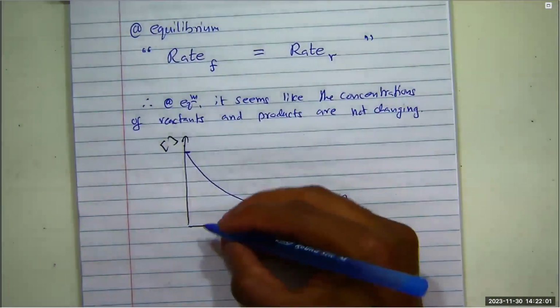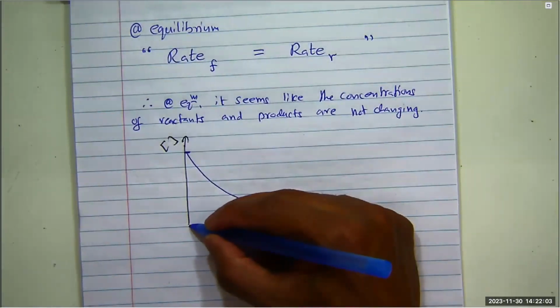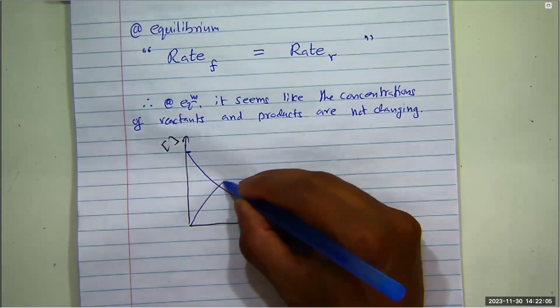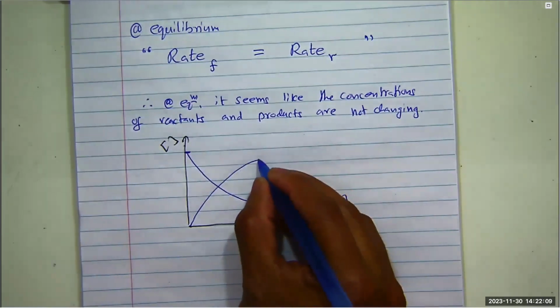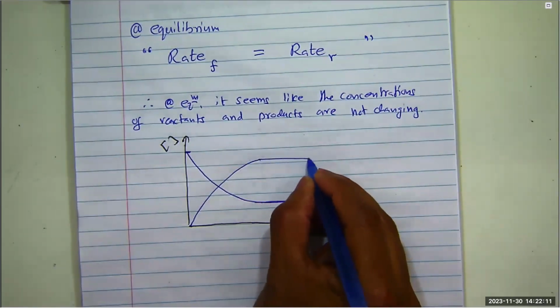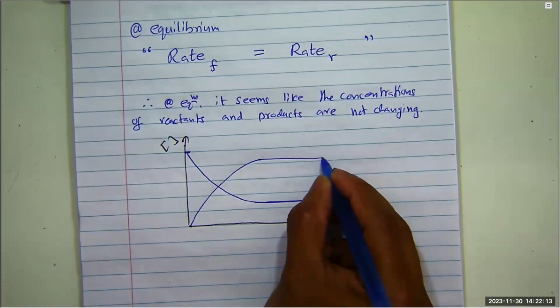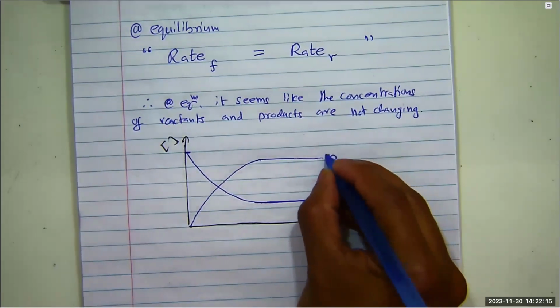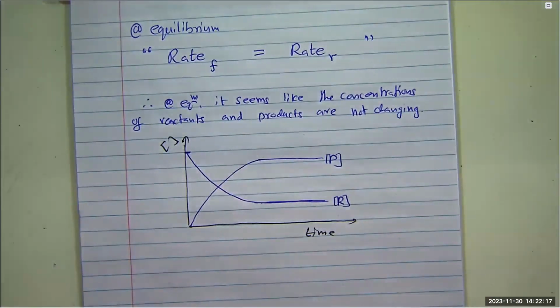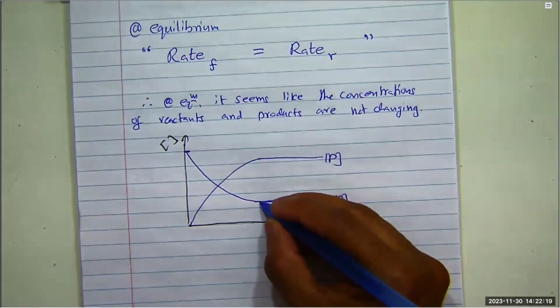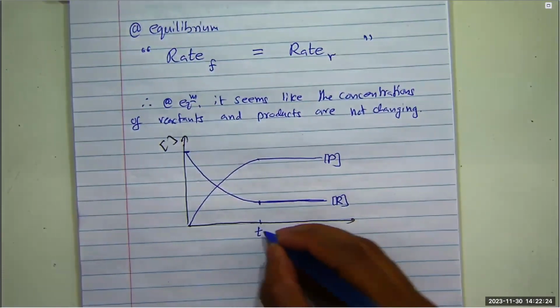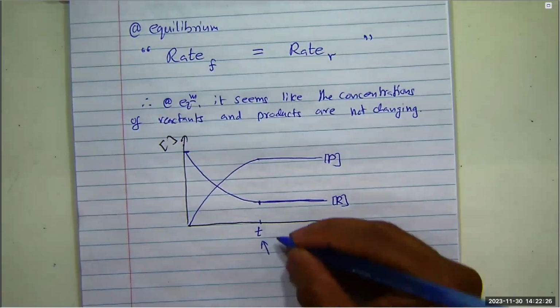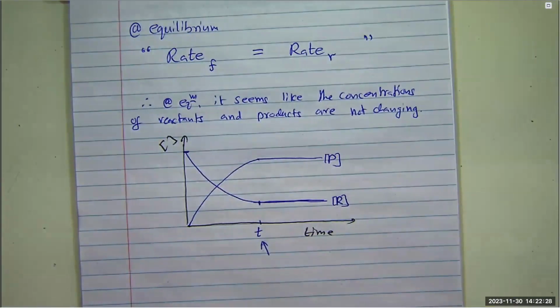On the other hand, product concentration increases with time until it reaches a certain point. After that point, it seems like the product concentration is not changing. That point where the concentration starts to not change is the point where the system achieves equilibrium.